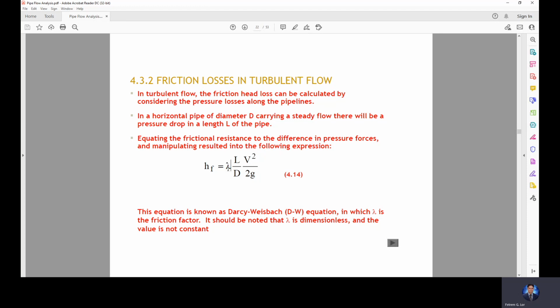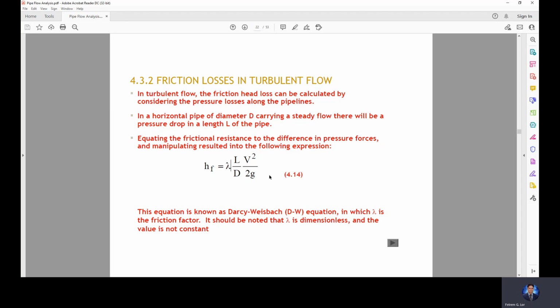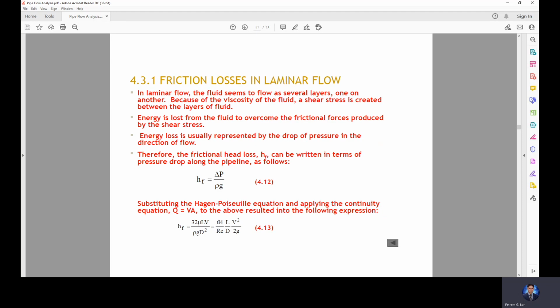If lambda is the friction factor, and we compare that to our head loss in laminar flow, it is the same, L over D times V squared over 2g. In laminar flow, lambda is just equal to 64 over Re, the Reynolds number.